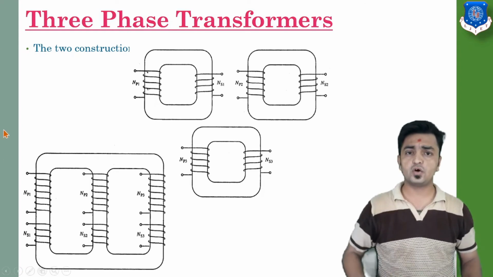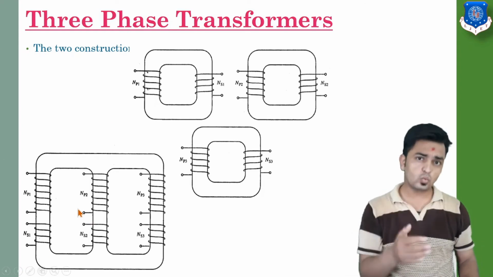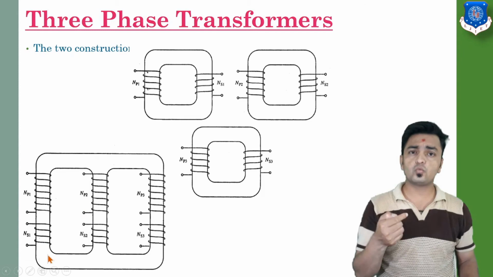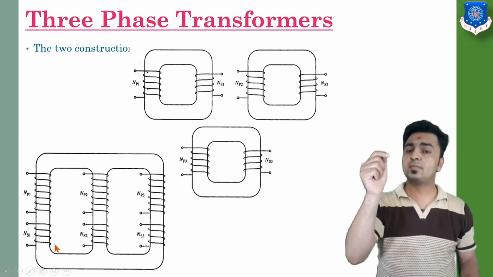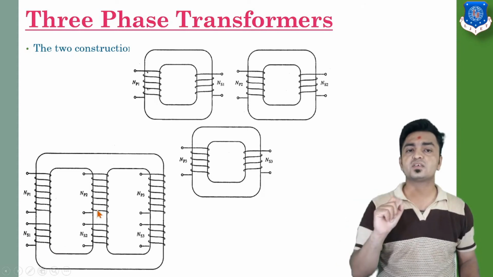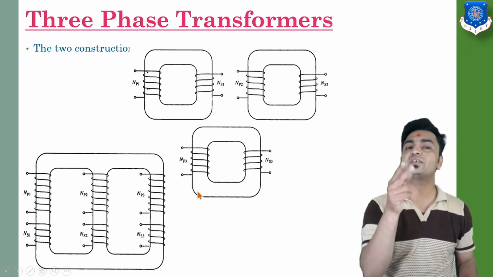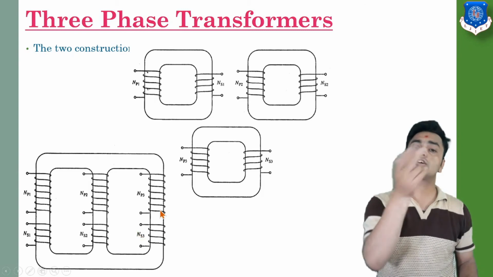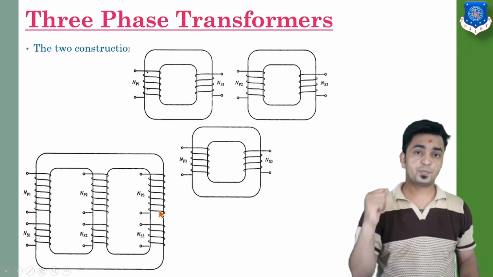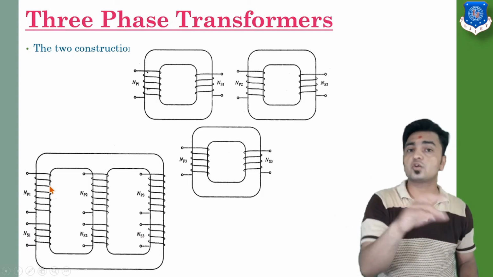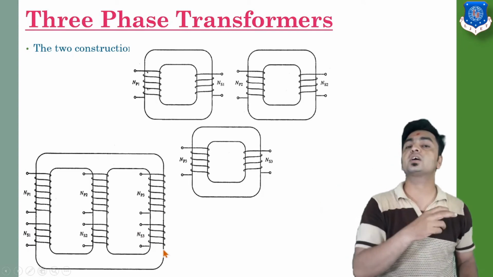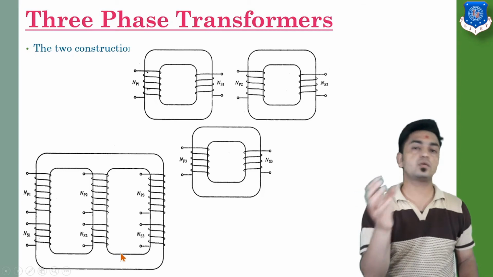As an example, if you observe the second diagram, here we have three vertical limbs, and on the first vertical limb we have two windings, primary and secondary of our first phase, in the same way primary and secondary of the second phase, and primary and secondary of the third phase. Again, you can connect these three primaries in the form of a star or a delta. In the same way you can connect the secondaries in the form of a star or a delta.